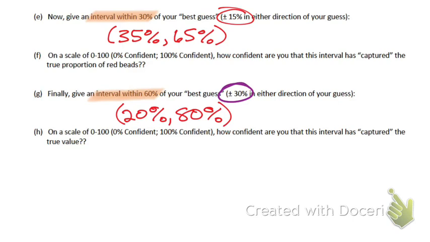How confident should I be? Well, I'm probably pretty confident about that. Your interval is really wide, and you have a pretty good chance that you're going to be capturing the true value at this point. So maybe you're at 95% or 98%, or maybe you are at 100%.